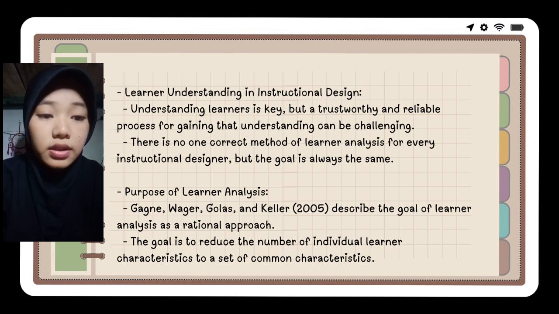In other words, a learner analysis identifies the critically important general traits of a group as well as identifying the range of skill and talent within that group that are relevant to the instructional situation.